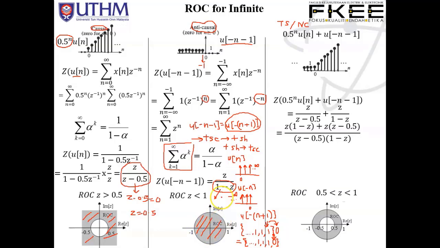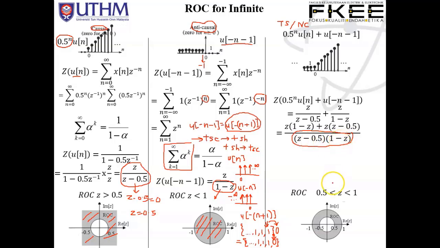And lastly, for the non-causal signal, we have the summation of the causal signal and the anti-causal signal here. So I simplify this equation, and at the denominator we have the location at z equals 0.5, and also z is lower than 1.